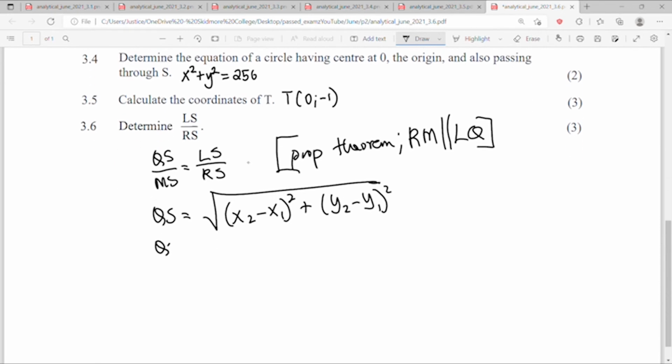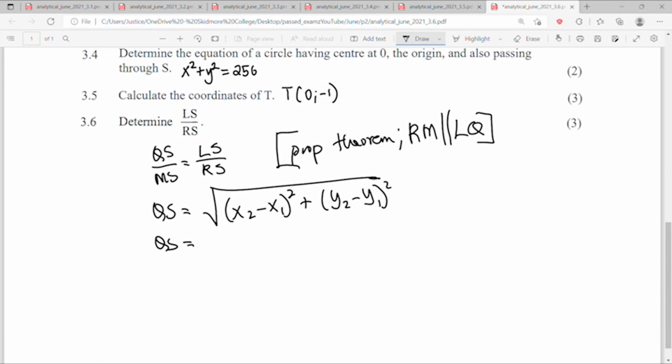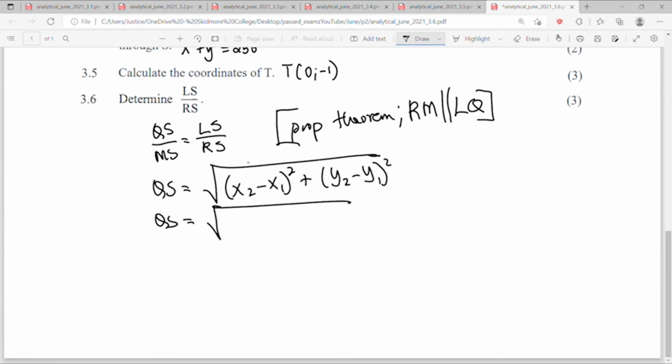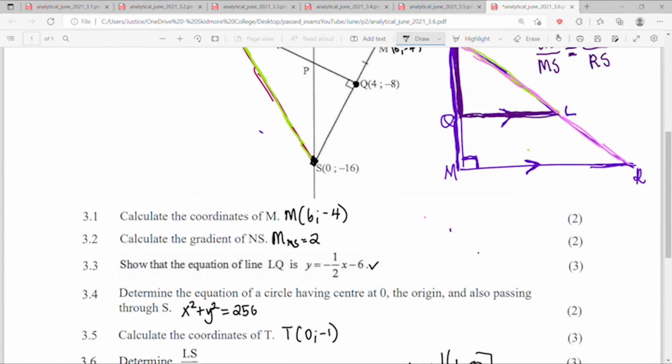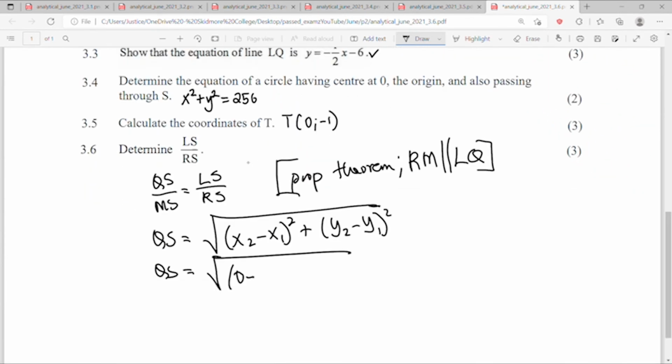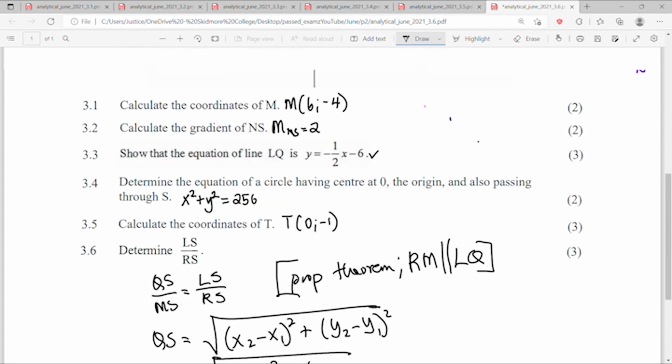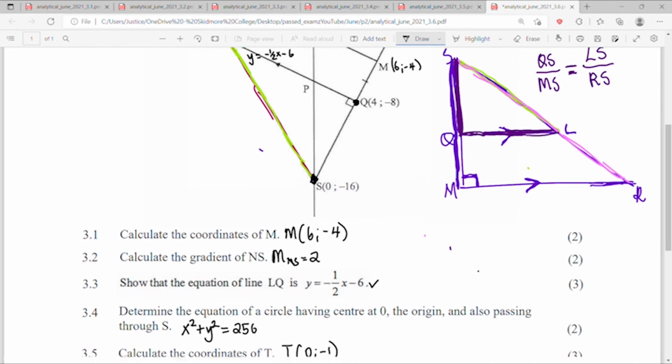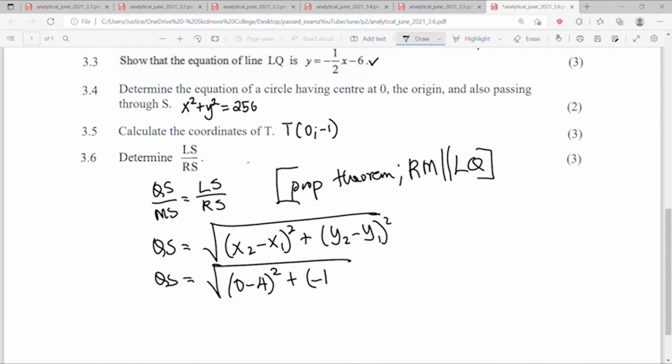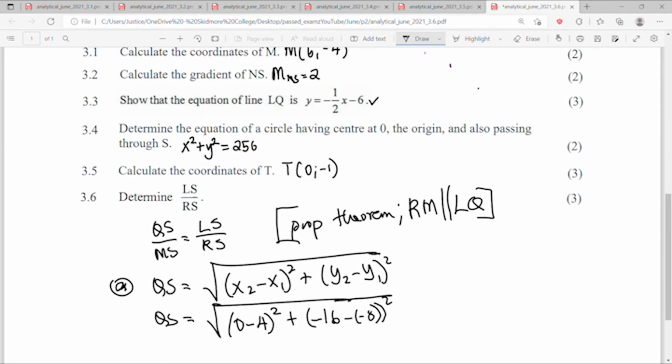Our QS is going to be the square root of (0 minus 4) squared plus (minus 16 minus 8) squared, and our QS here is going to be the root of 80.